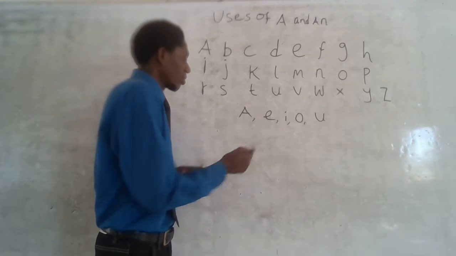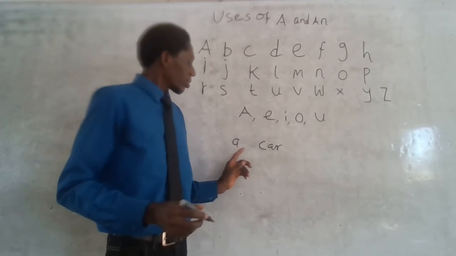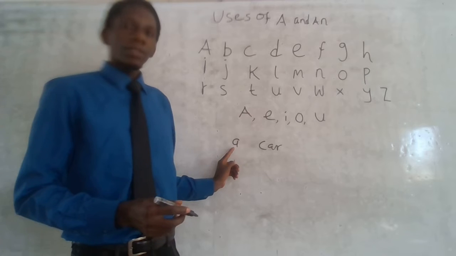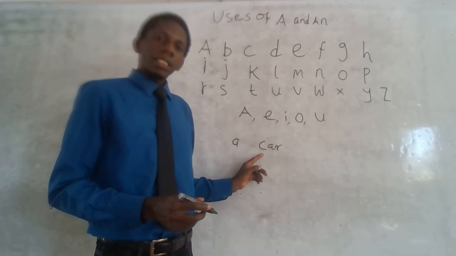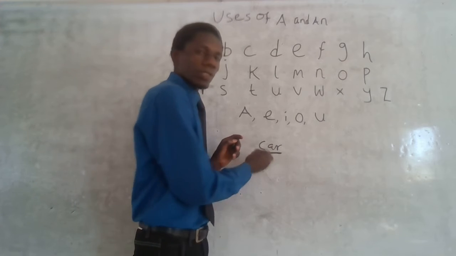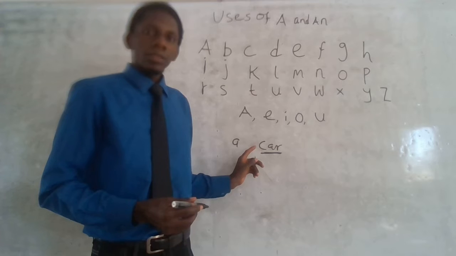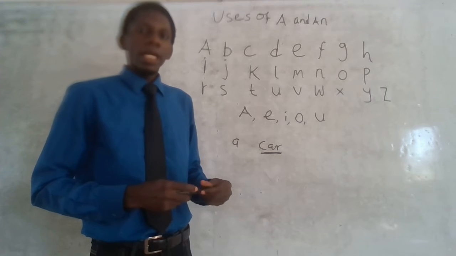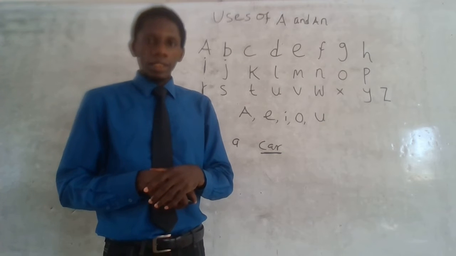And this is a car. And then C, which begins the word car, is a consonant letter. So we use a when a word begins with a consonant letter.